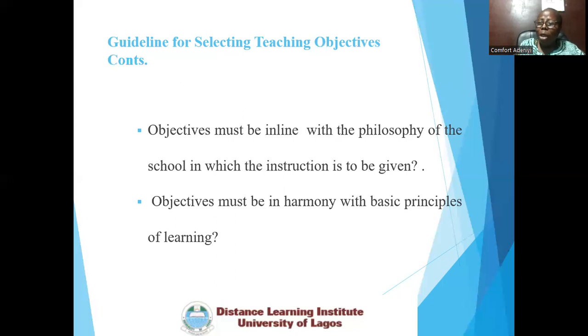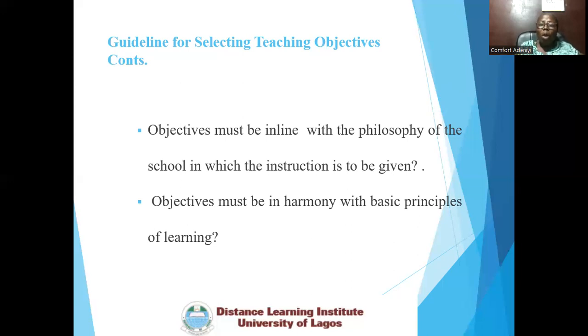An objective that we set for a student in teacher education must also be in line with what will prepare him or her to become what he or she has gone to the school to do. The kind of objective given to somebody reading a BSc program is quite different from what you give a teacher in training, somebody that will teach at the end of the day. What I'm saying in essence is that it must be in line with the philosophy of the school in which the instruction is to be given.